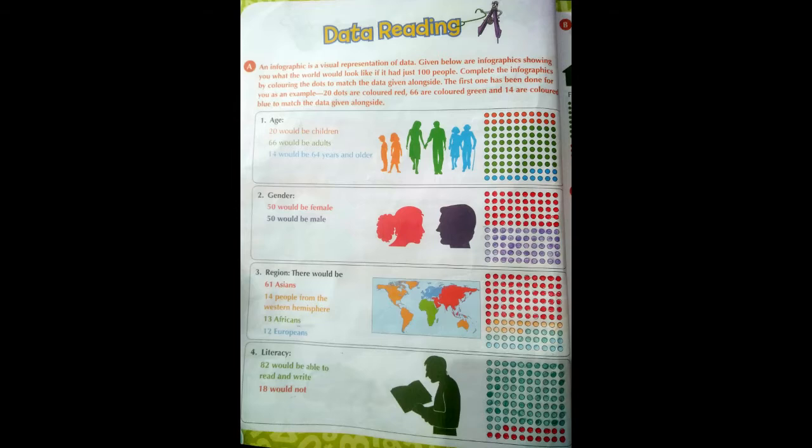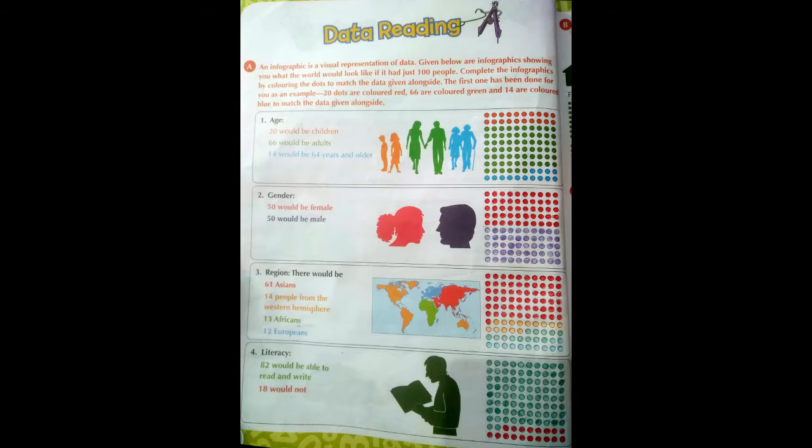Third one, region. There would be 61 Asians, in red color. So what will you do? See, you take red color and color 61 dots in red. Color in order, okay. Then 14 people from the Western Hemisphere.